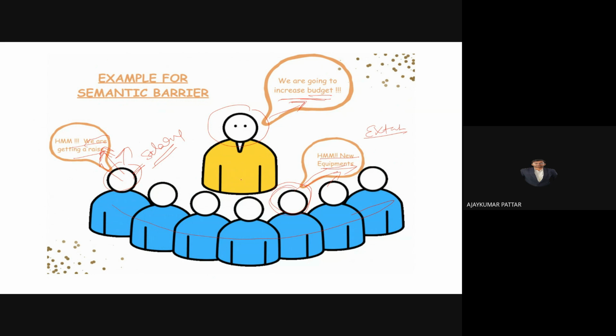So the understanding of the same word by different persons differs, and that is called a semantic barrier.